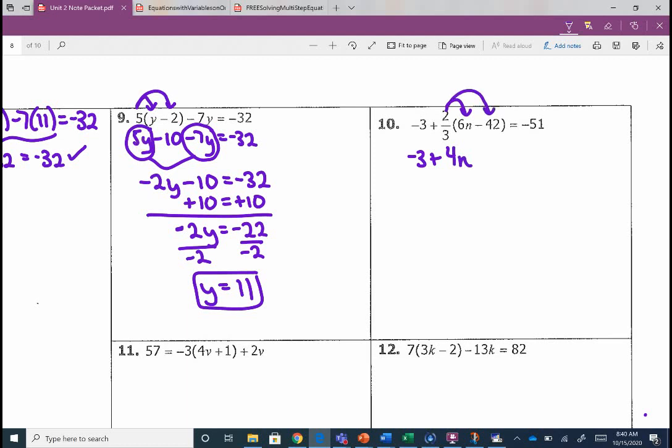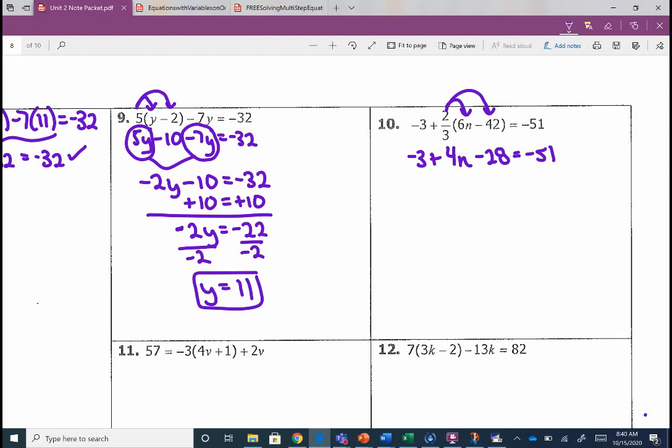Then again, 2, ABC, 3. And then we have to do times 42. Should be 28. Now, what sign, though, is going in front of that 28? Minus. And now we equal negative 51.